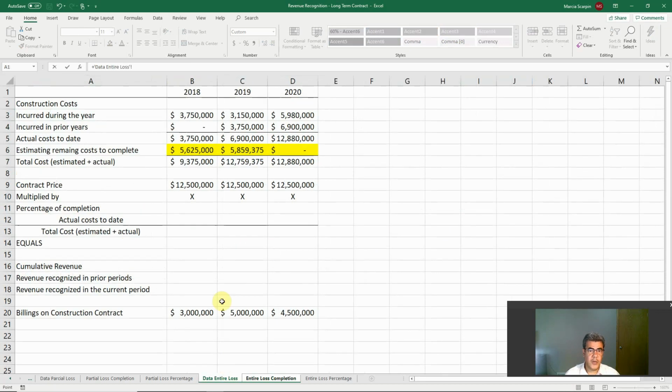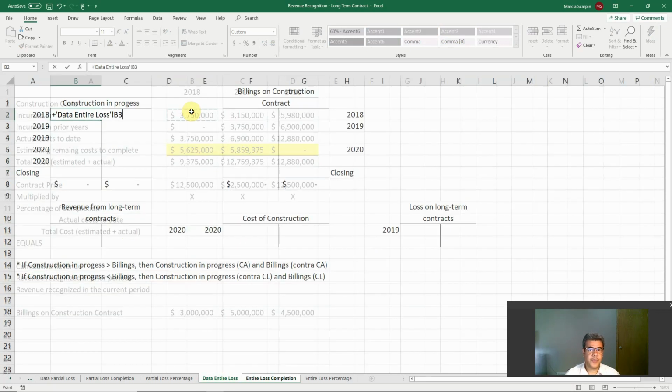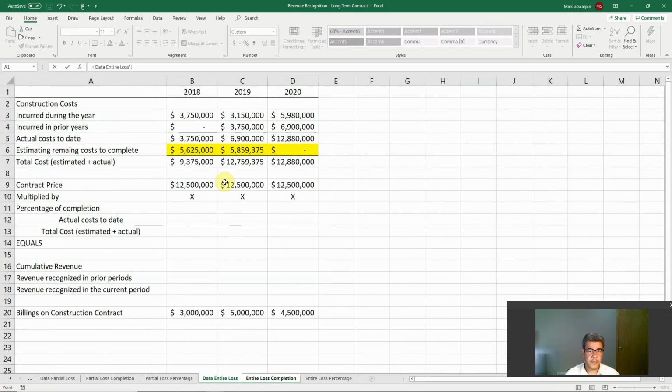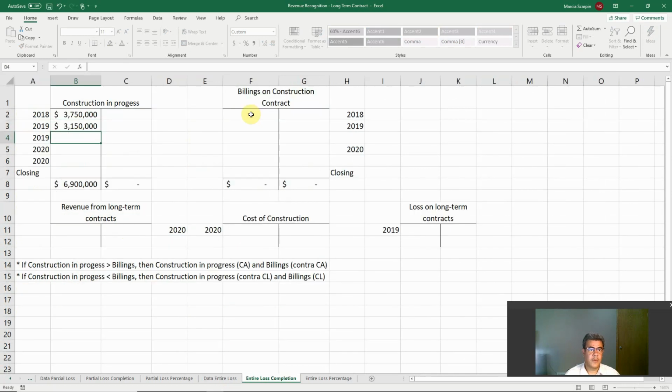So here we have our costs. Okay. And then the credit here is cash or anything payable. Accounts payable, notes payable, whatever payable. Billing, and it is an asset, just like inventory or any other assets being constructed.